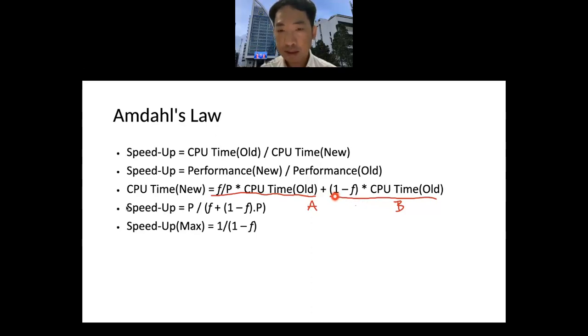It remains the same, right? But part A, we improve by P. That is why we divide part A by P here. And from the total here, we get the CPU time of the new system.